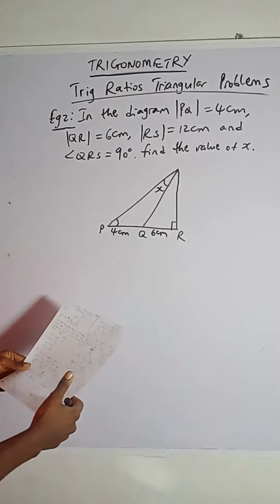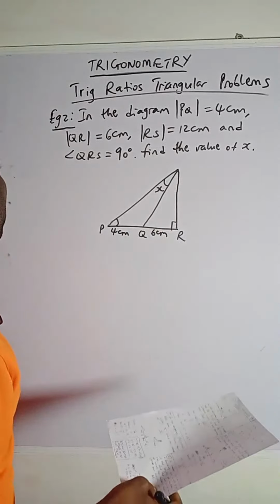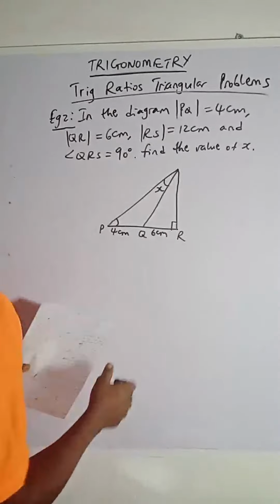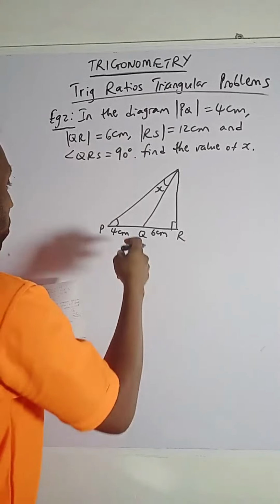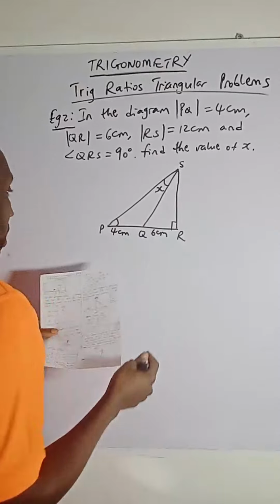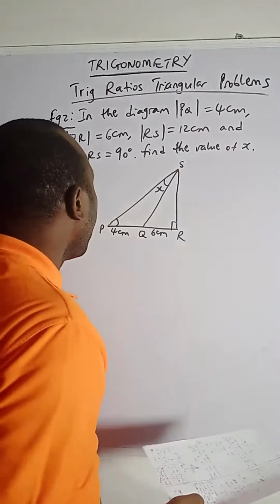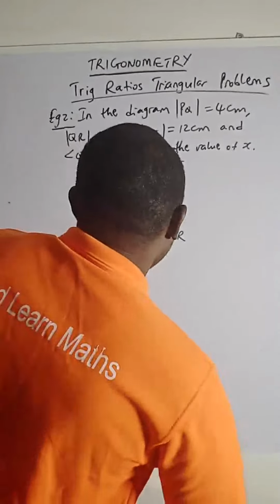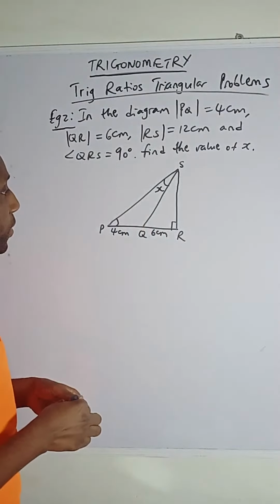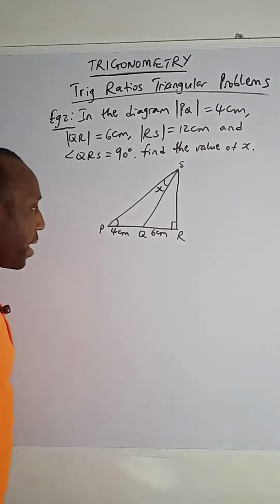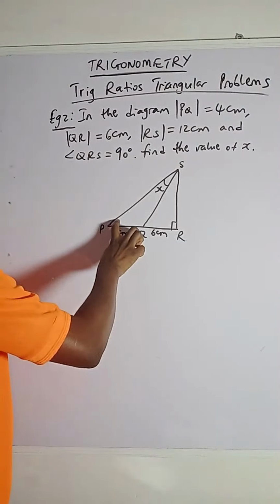That's QR is 6 centimeters. And we're given the angle as well, angle QRS. So QRS, this is S again, is 90 degrees. We need to find X angle, X there.